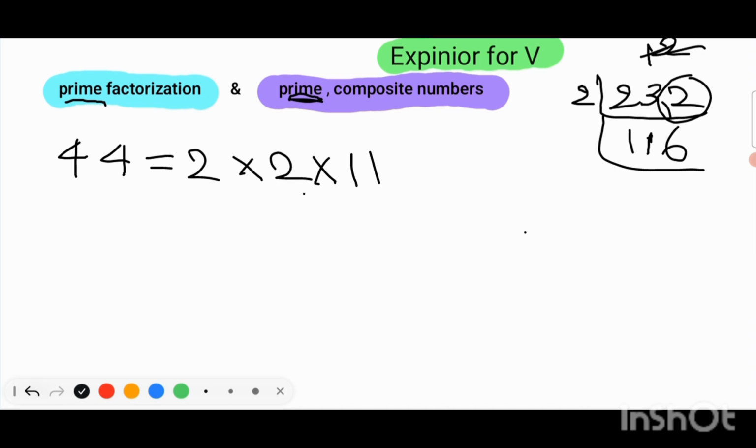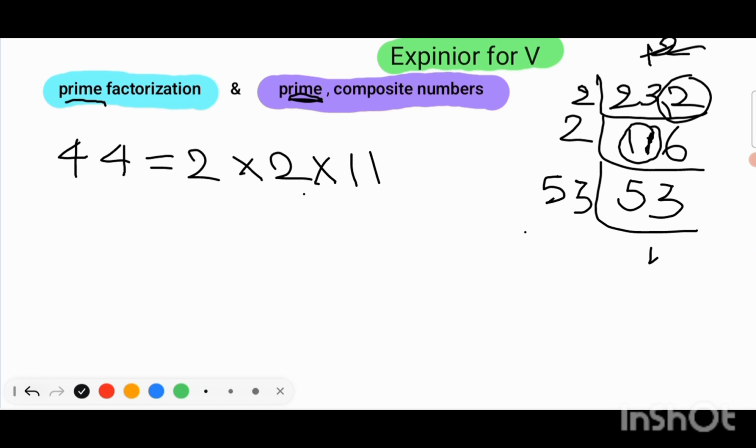Now 1 is not a multiple of 2, so we take two numbers. 1 is less than 2, so we'll take 2 5s are 10. Then 2 3s are 6. Next, 53 1s are 53.